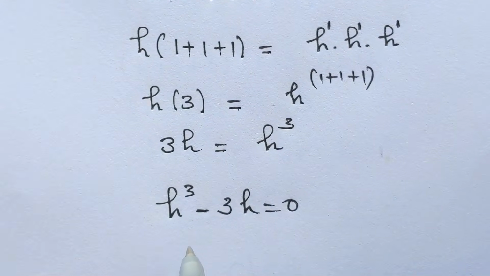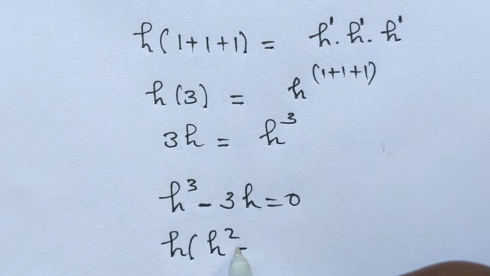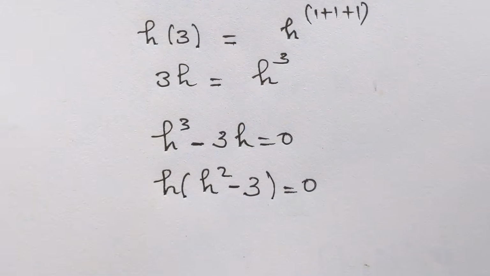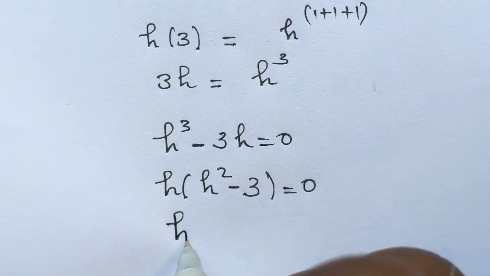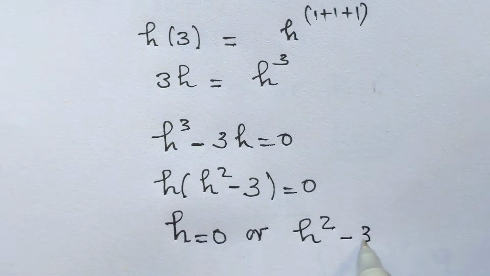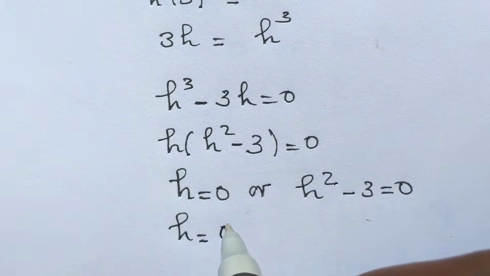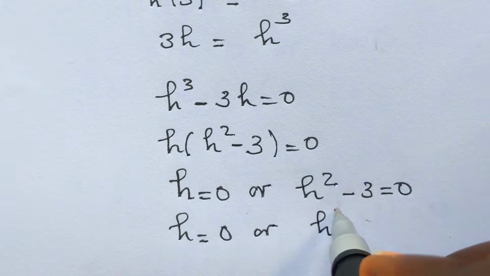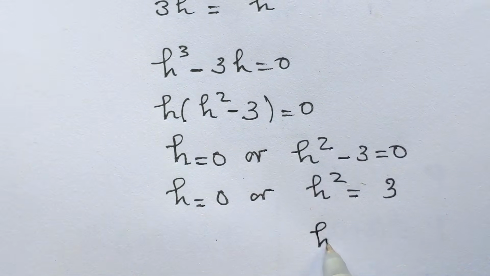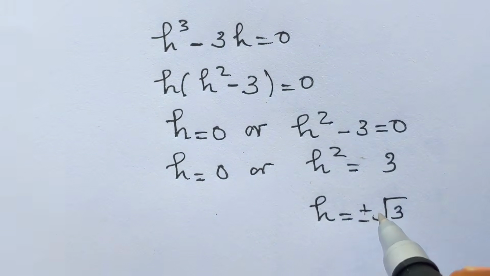At this stage we can factorize out h to get h times (h squared minus 3) equals 0. Here we have h equals 0, or h squared minus 3 equals 0. So h equals 0, or h squared equals 3, which means h will be the square root of 3, positive or negative.